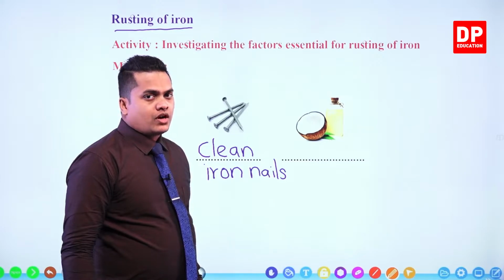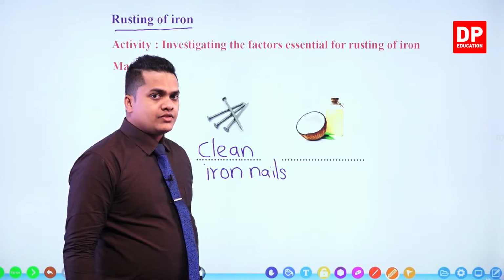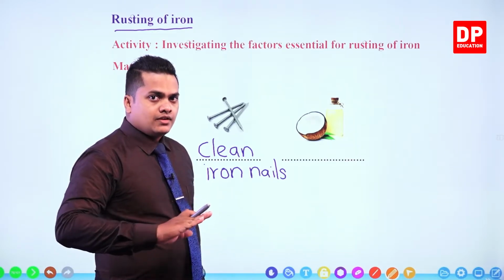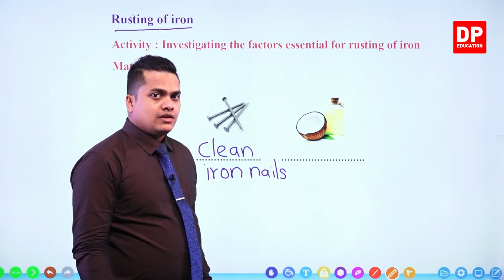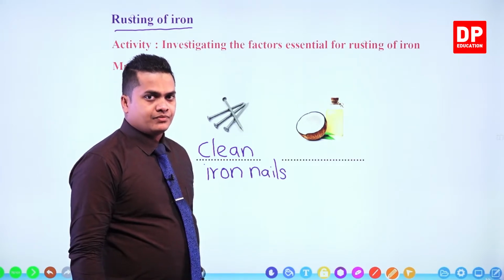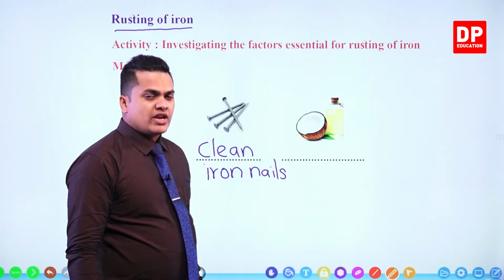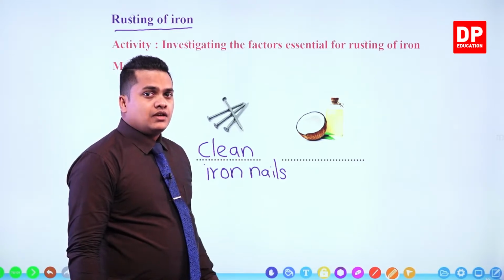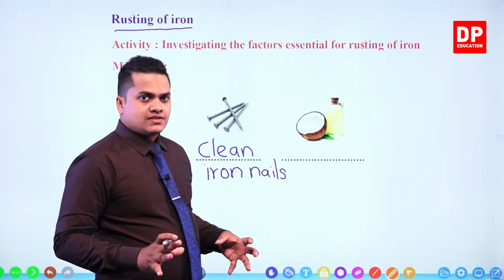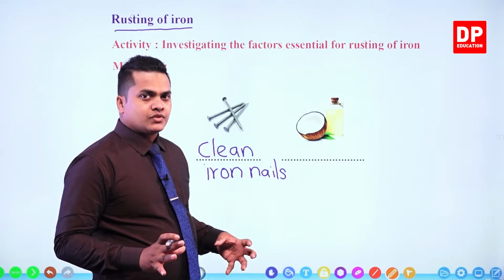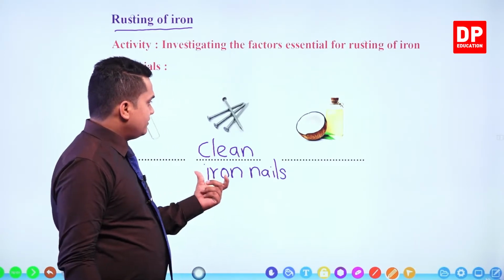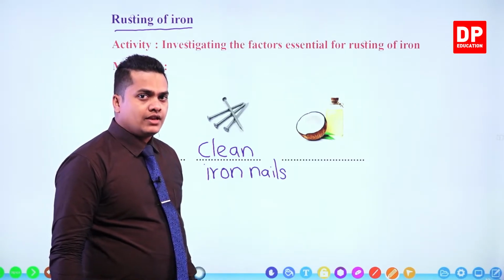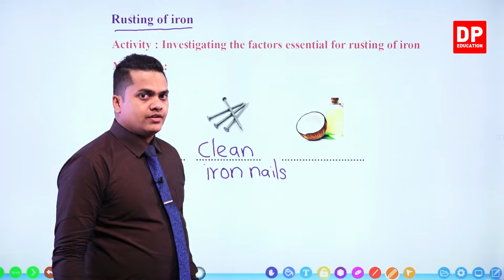If you can't find clean iron nails, you can get some iron nails and scratch them with a piece of sandpaper. That way you can remove the rust if it has a very small amount of rust. So this is the first material you will need: very good and clean iron nails.